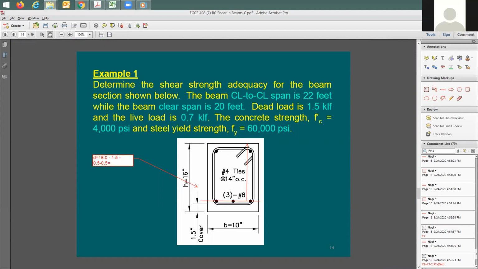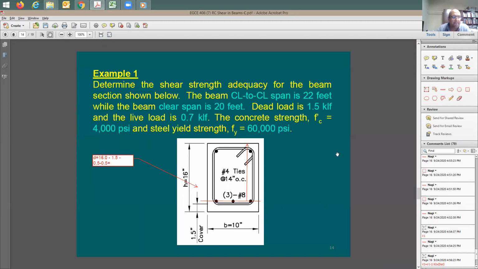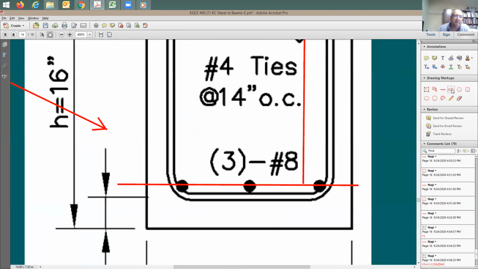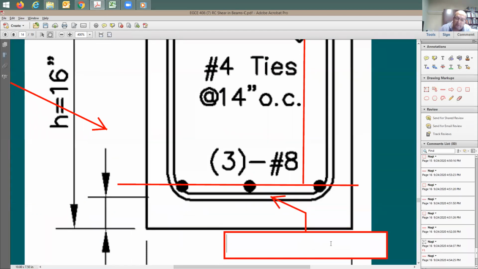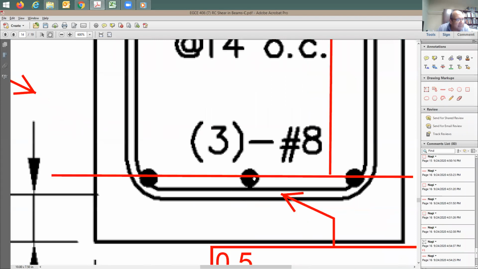Yeah, a lot better. Wait, can you explain where the second 0.5 came from, please? The second half inch? Yeah, excellent. This diameter here, for number 4, is half inch. And my target is to find the distance to the middle of this rebar.